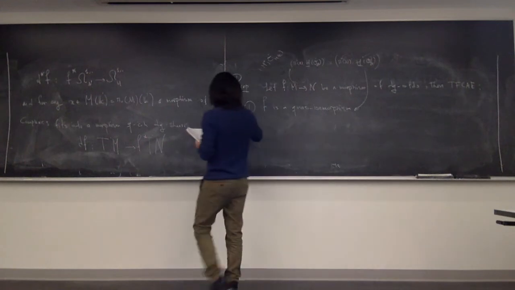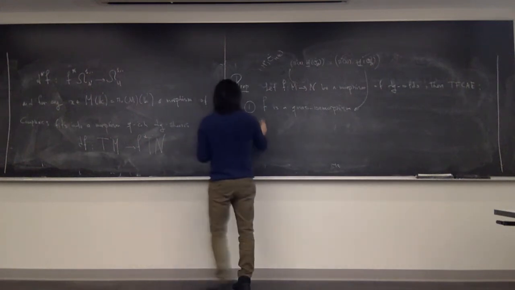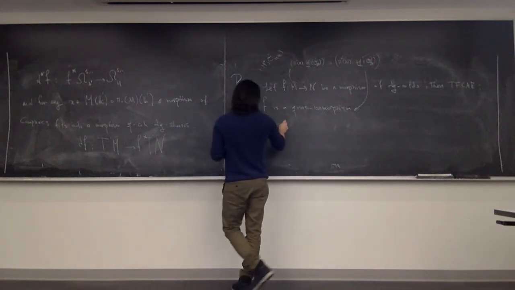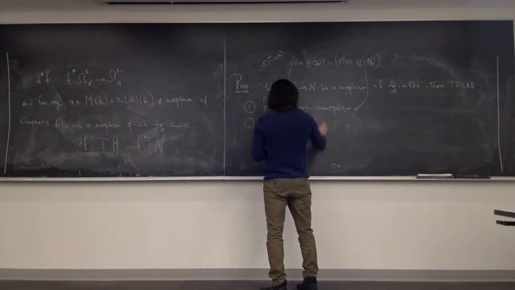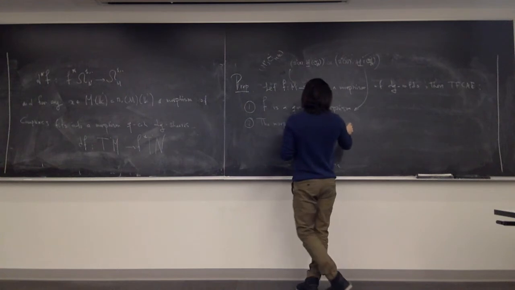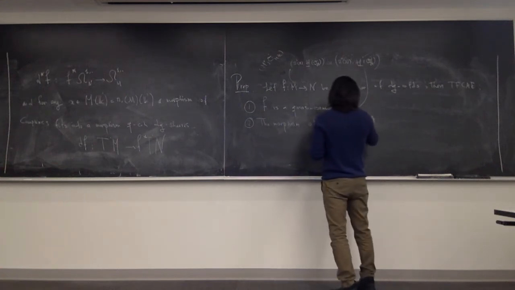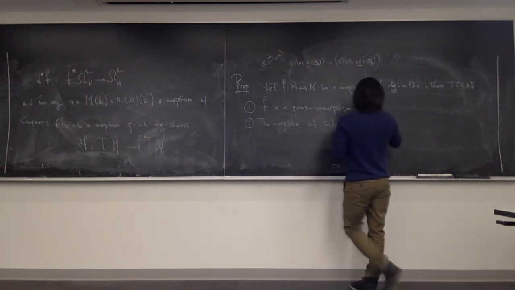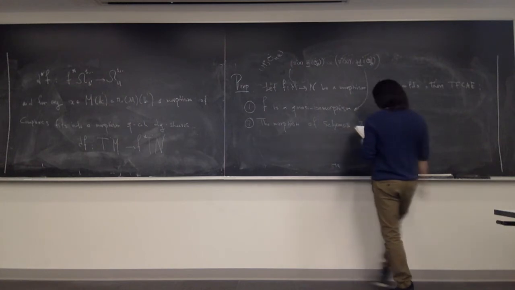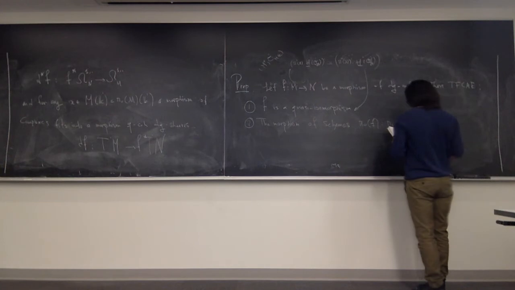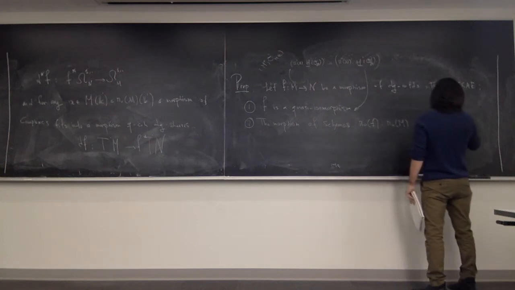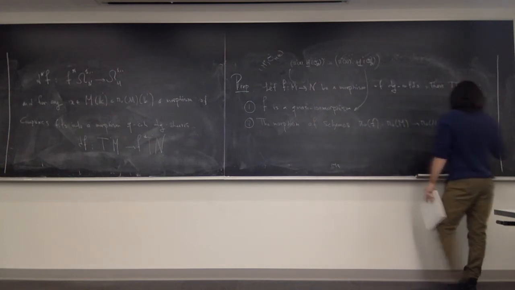But if that is the case, then the morphism of schemes pi 0 of f, which takes us from pi 0 of M to pi 0 of N, is an isomorphism.